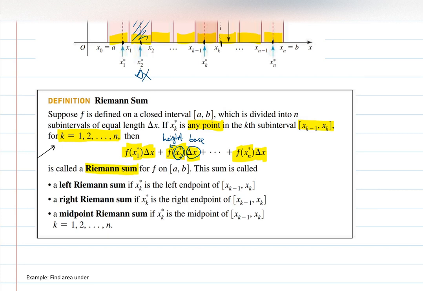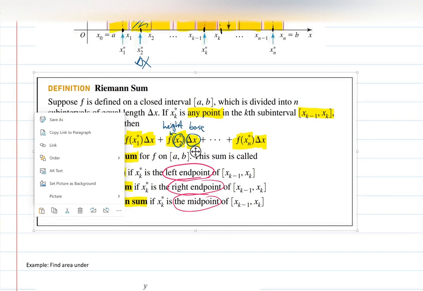And we agreed to call those Riemann sums for function f on the closed interval, and we're going to have left Riemann sums, right Riemann sums and midpoint Riemann sums, if I'm using left endpoint, right endpoint, or midpoint correspondingly for the x star sub k.